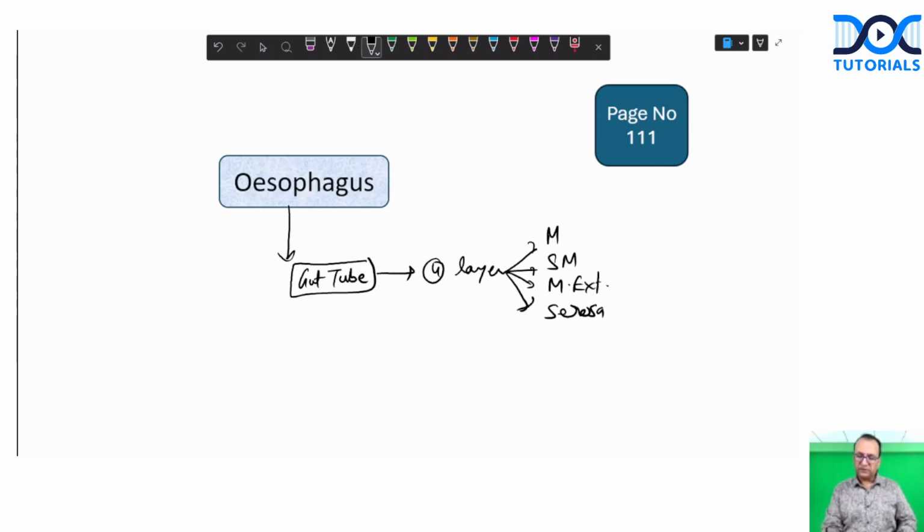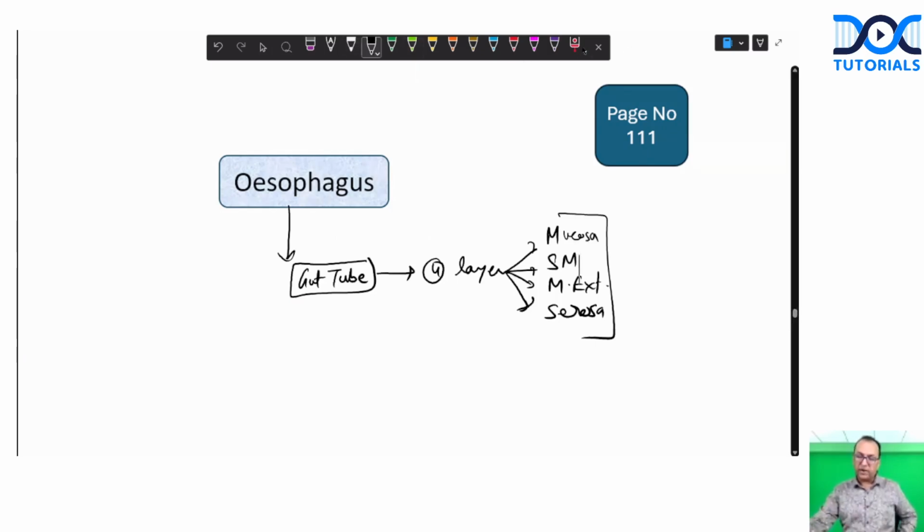But then in the esophagus, one of those is actually missing. So which layer is missing from the esophagus?